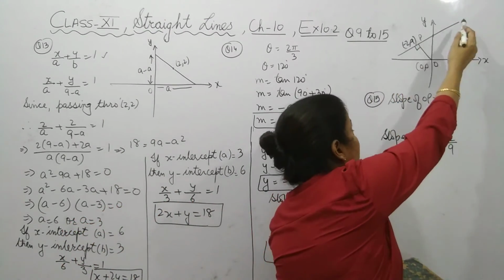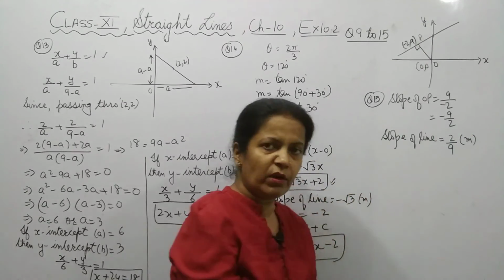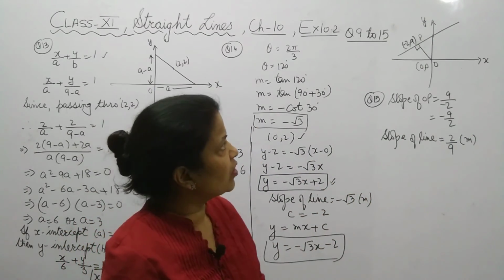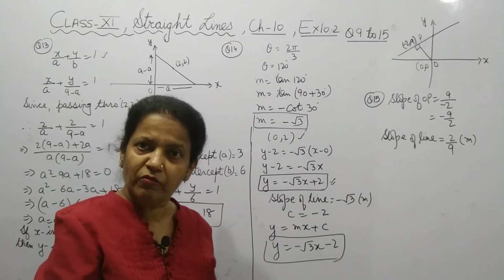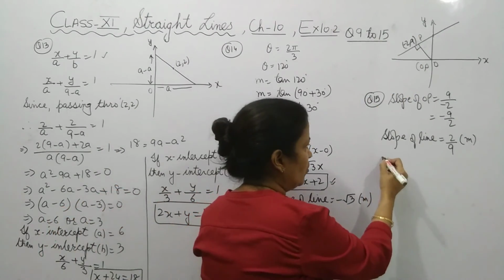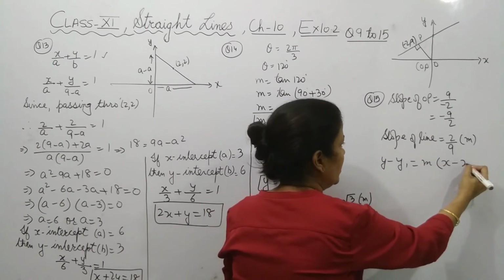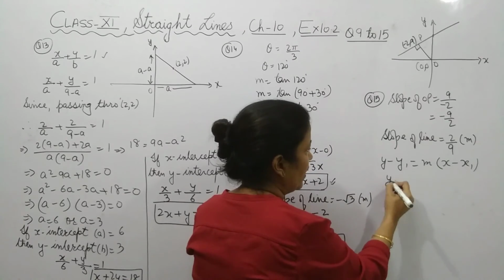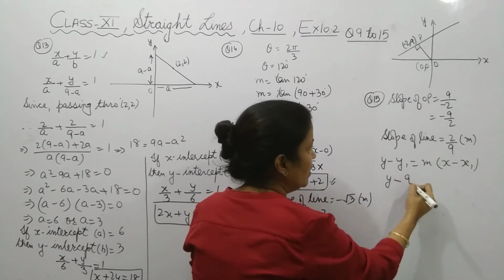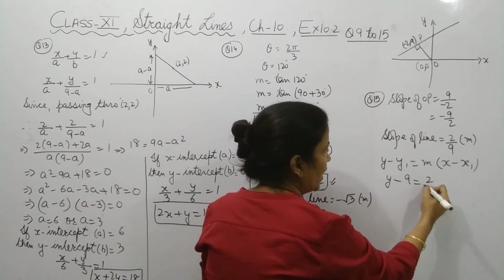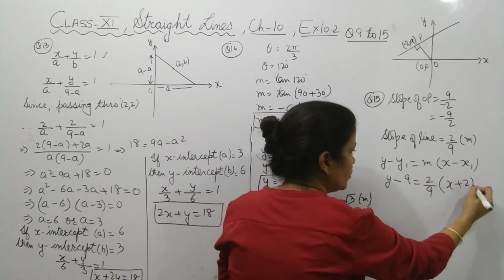Now for this line, we have the slope given and one point is also given, minus 2 and 9. So can we apply the formula here? Yes. So y minus y1 equal m times x minus x1. So y minus 9 equal 2 by 9 times x plus 2.